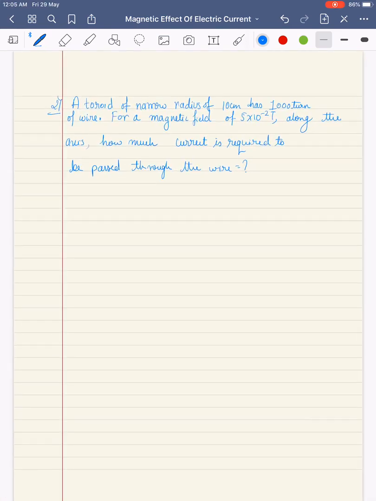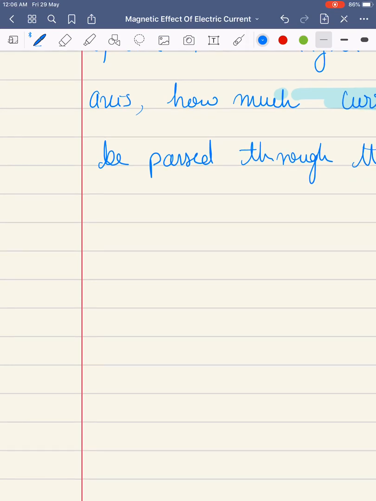Magnetic field strength is given, look over here. So radius of the coil is given, number of turns are given, magnetic field strength is given. What they are asking us is how much is the current required. Current. Okay. So last thing is in the data that you have to find is, and what's given. So radius is mentioned as 10 centimeter, that is 10 raised to minus 1 meter.